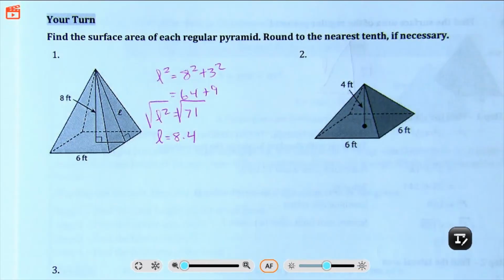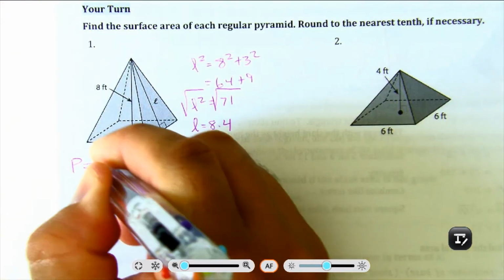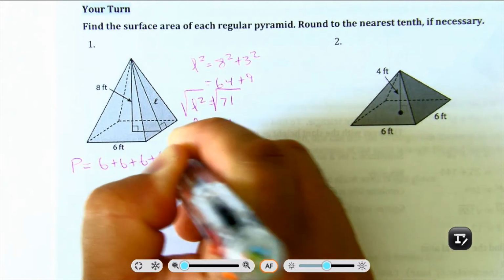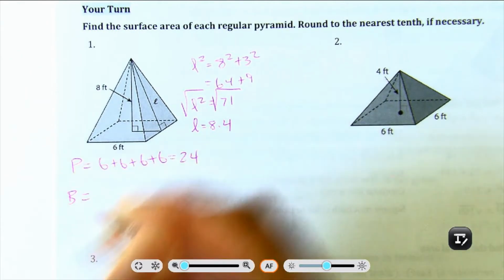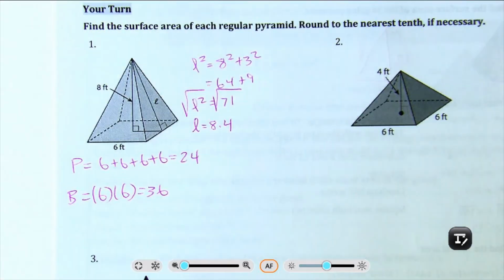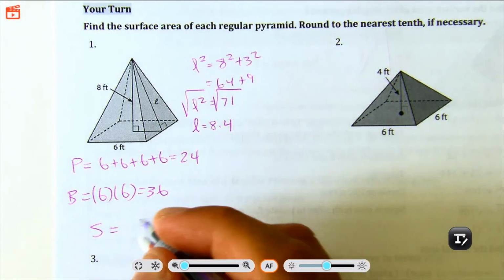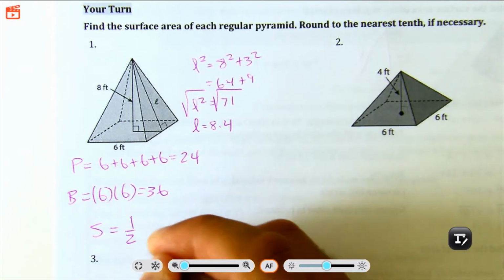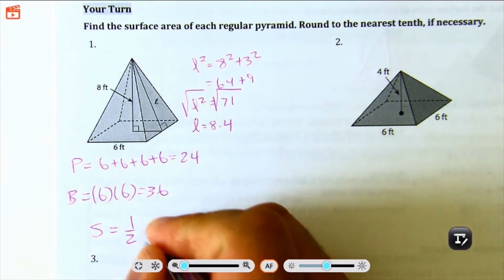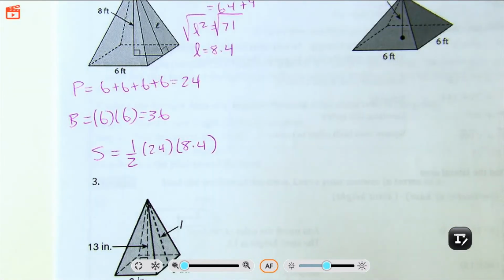Okay, so I have my slant height. Now I'm going to find my perimeter. Perimeter is 6 plus 6 plus 6 plus 6, which is 24. And then my base, which is 6 times 6, is 36. So now I use my surface area formula. The surface area is equal to 1/2 of the perimeter, so 24, times the slant height, which we got 8.4, plus the base area, which is 36.